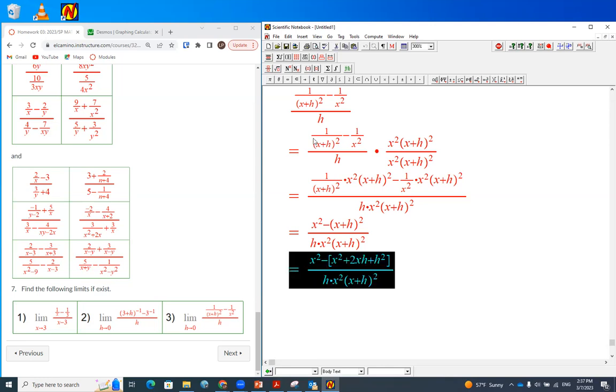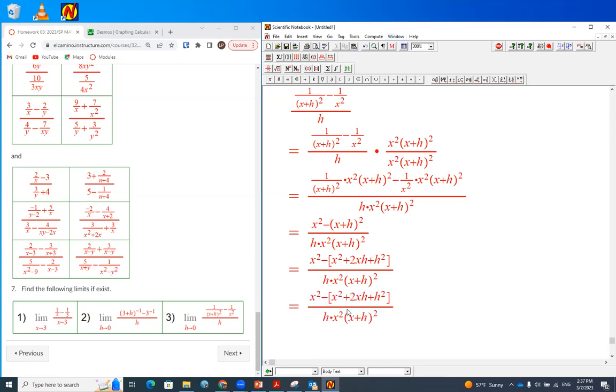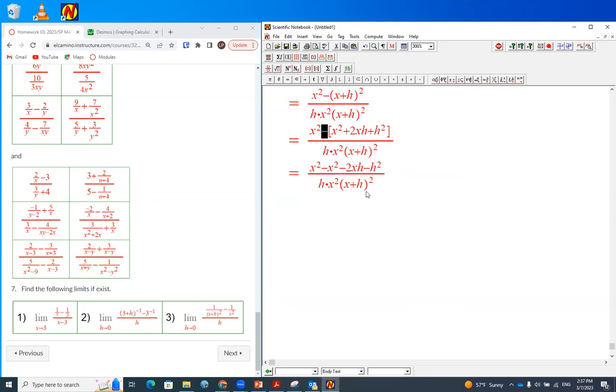And open up the bracket, so this is going to be minus, and this is going to be minus, because you distribute the negative sign to each one inside the bracket. And then you're going to have x squared minus x squared, which makes 0. So this is gone.